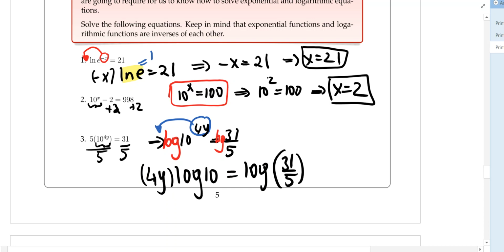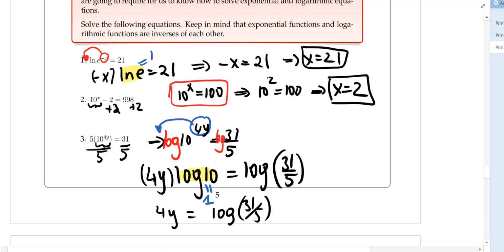If I do something to one side, I better do it to the other side. But now log base 10 is just 1, because remember, if the base is not there, it means it's 10. And 10 to what power gives you 10? 10 to the first power. So this is equal to 1. Alright, so now I'll have left 4y equals log of 31 over 5.